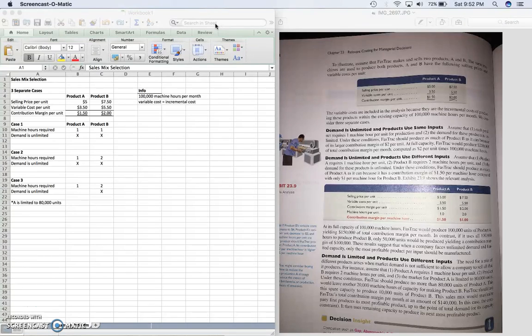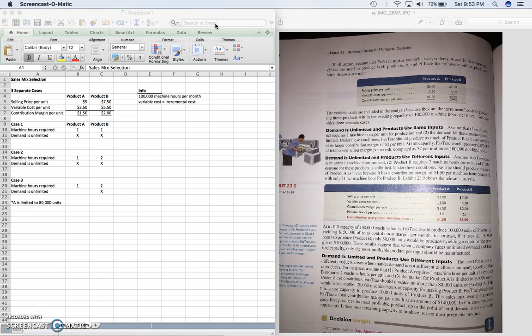To identify the best sales mix, management must know the contribution margin of each product, as well as the facilities required to produce each product, any constraints on these facilities, and the markets that these products will enter. An example problem in the book on page 992 is Fast Track again.